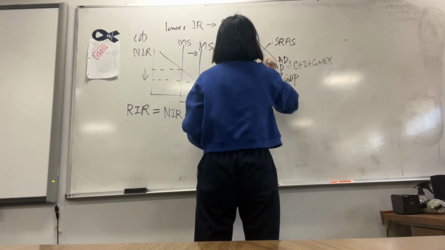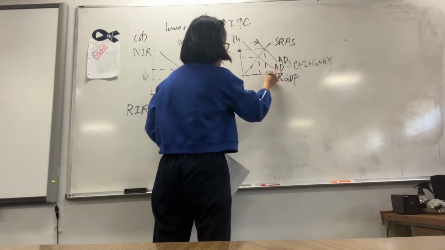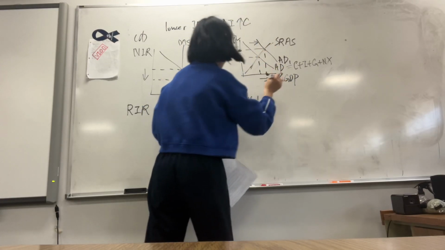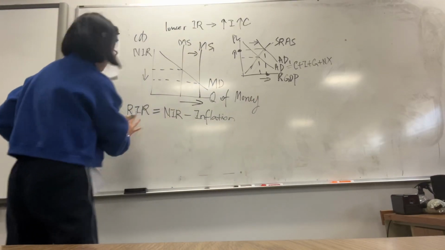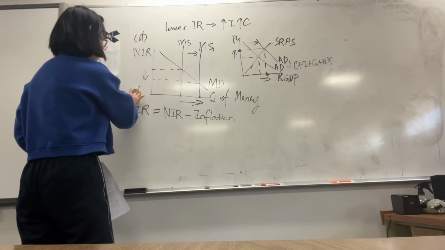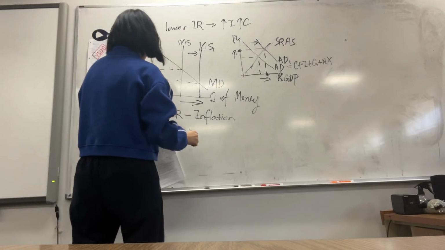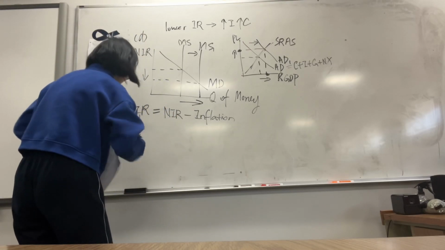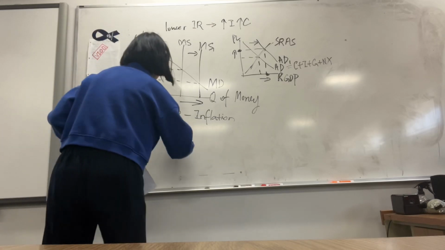And we can see that this is our new price level, and this is our new real output. They both increased. Okay, so back to the formula again. According to the money market graph, we can see that the nominal interest rate is decreasing. And, no, I'm sorry, the nominal interest rate should be here. So this is decreasing.